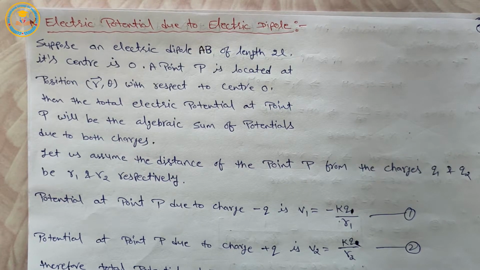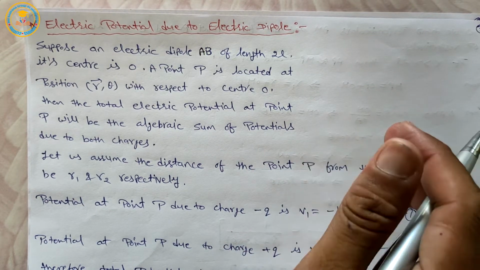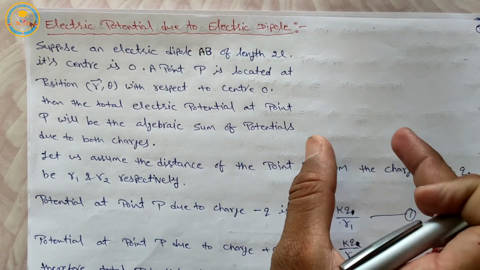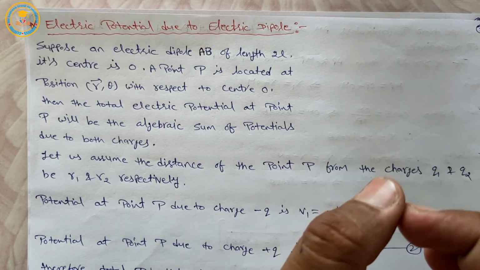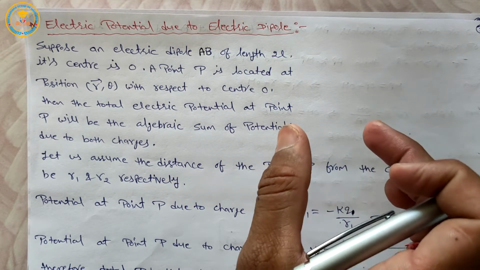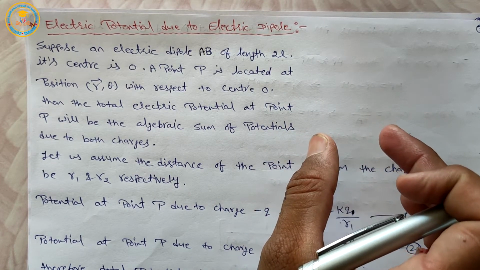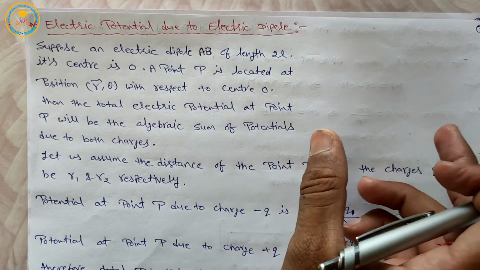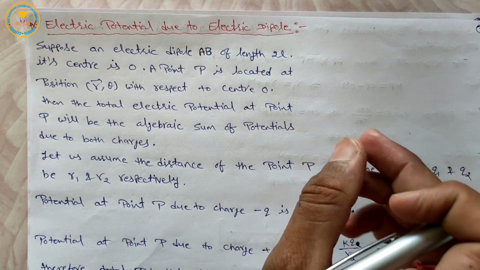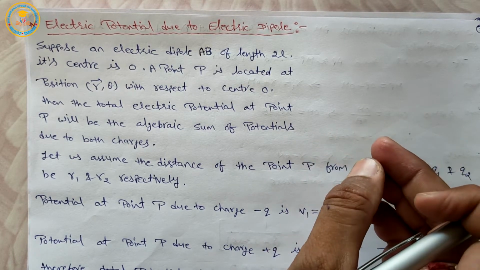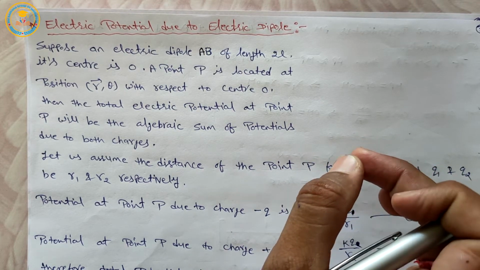The pair of two charges which is equal in magnitude and opposite in nature, placed at a small distance, then this system is known as electric dipole. Means two charges, suppose minus q and plus q, are placed at a small distance.